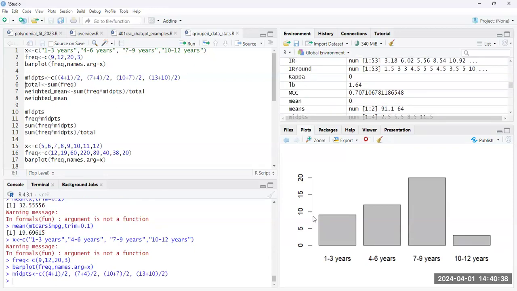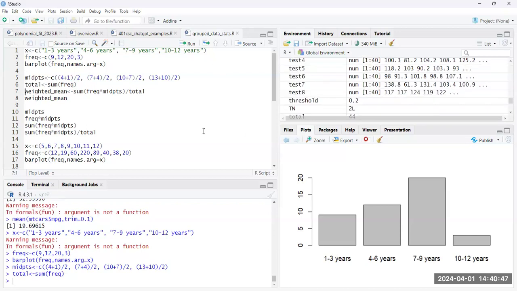And then the total would be the sum of my frequencies, because that's going to be the total number of people in my data set, the total number of observations. And now the weighted mean is going to be the frequency, the number of counts, times the midpoint values, divided by the total.